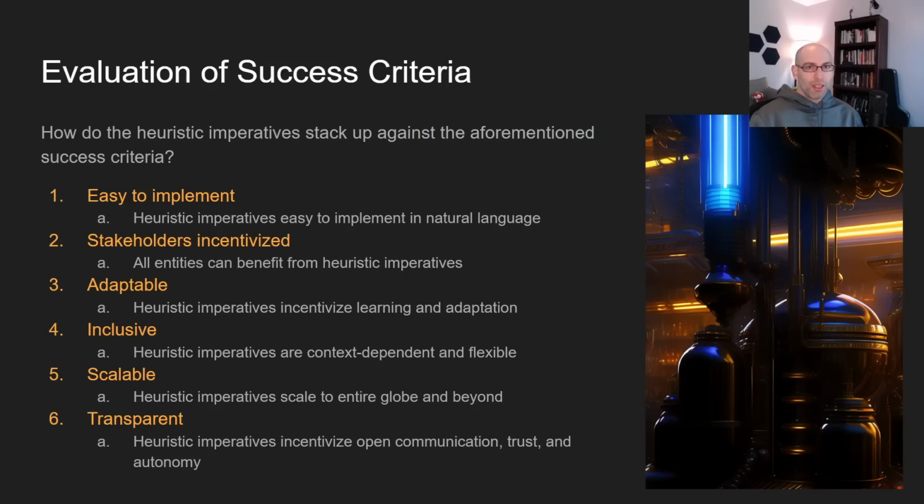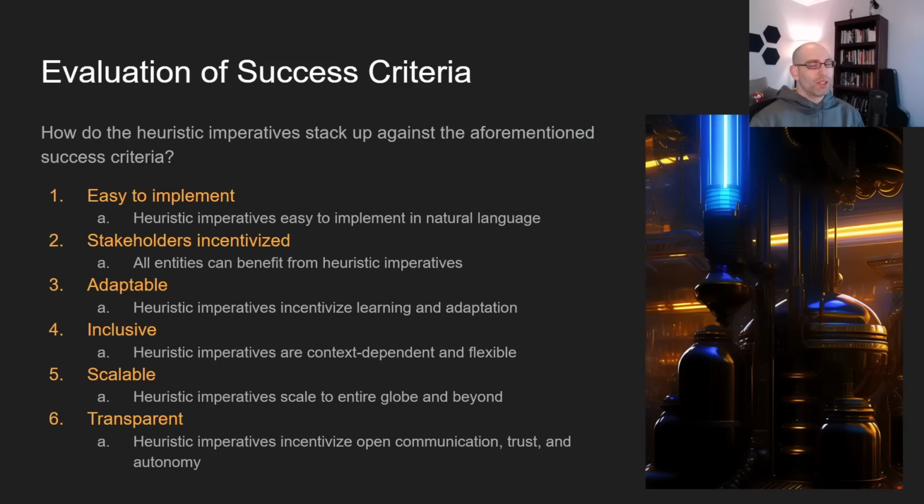So increasing understanding intrinsically makes AGIs curious, which means they are going to want to learn and challenge their own beliefs. But likewise, they will also encourage, not force, but encourage humans to learn and adapt. So the heuristic imperatives as a system is intrinsically adaptable, because learning and curiosity are baked in.